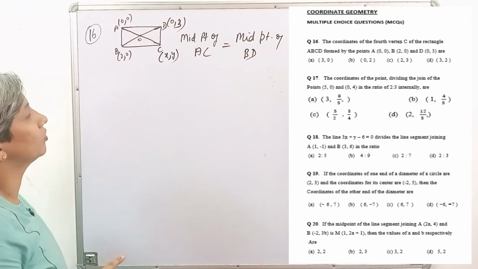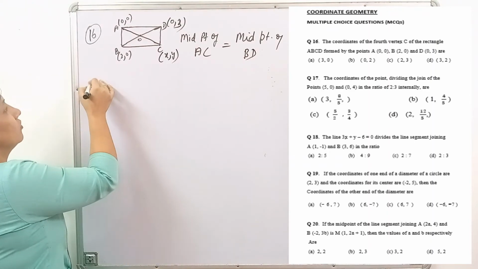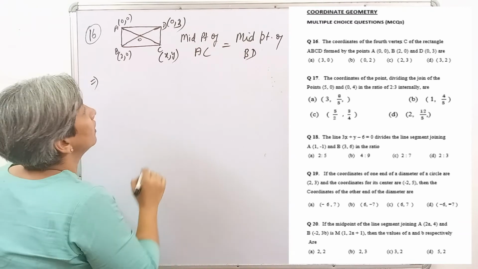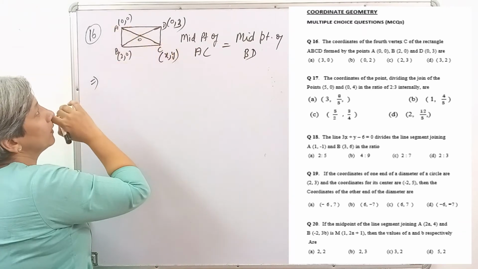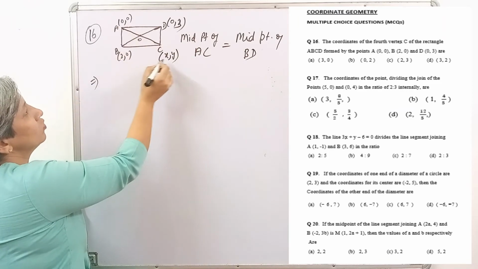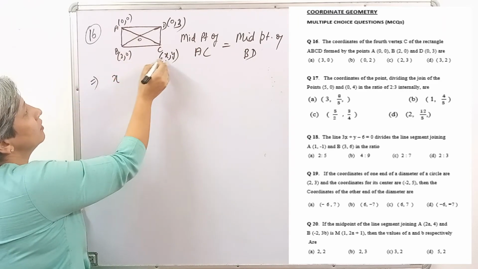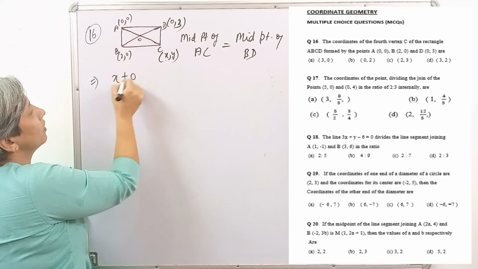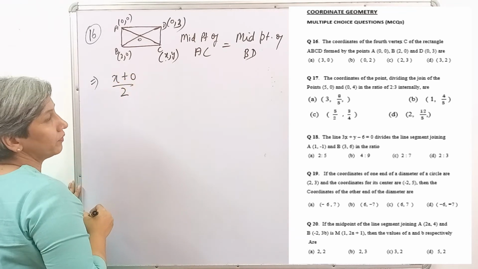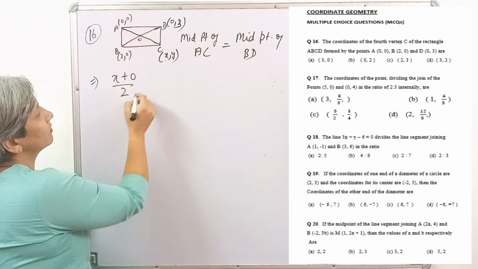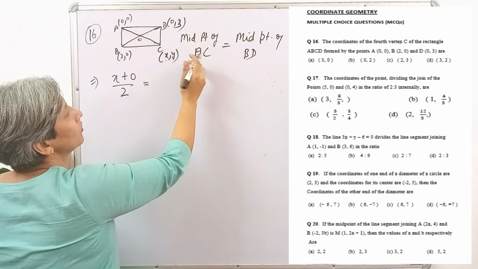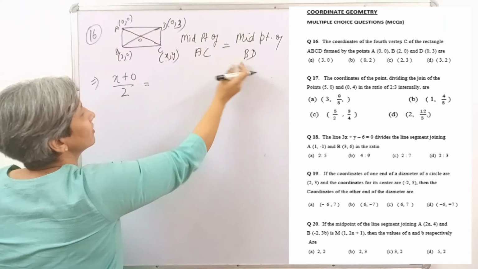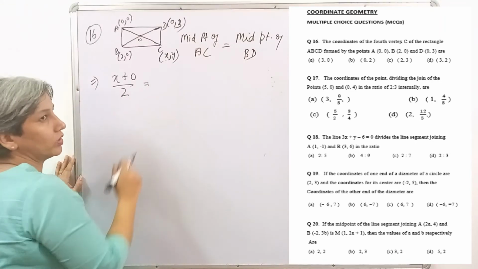Using the midpoint formula, we can write the midpoint of AC: the x coordinate is (x plus x1) upon 2, and the x coordinates are equated, and the y coordinates are equated.